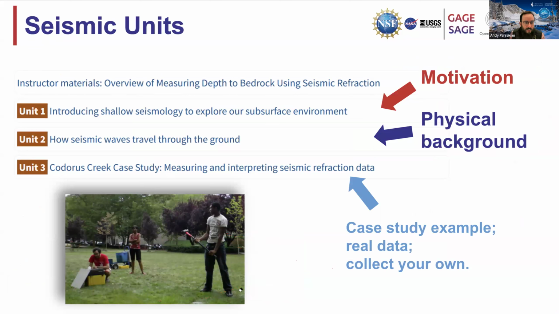The second unit is the core physical background. This is where we go into the actual Snell's law that drives seismic refraction and talk about how seismic waves travel in the ground. And the third unit is hopefully the most exciting. This is where we have a case study example that uses real data, and we give instructions on how to collect your own data at your own institution if you are using this instrumentation. Next slide, Beth.